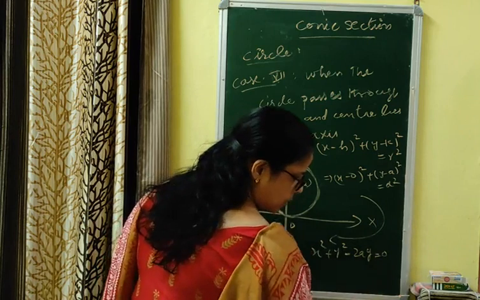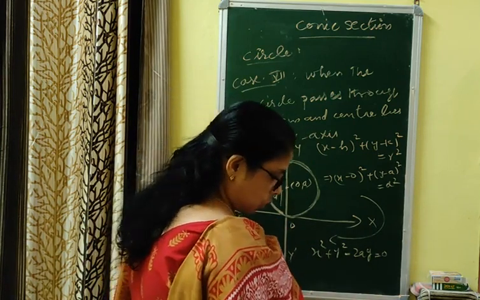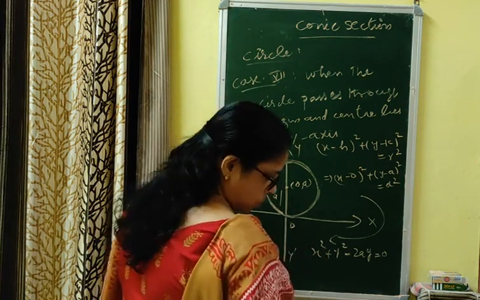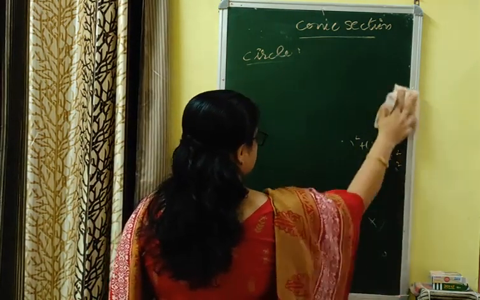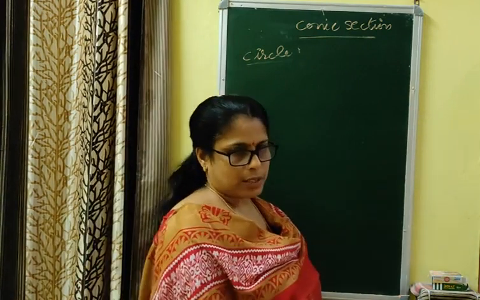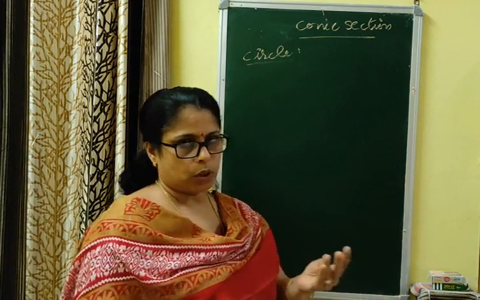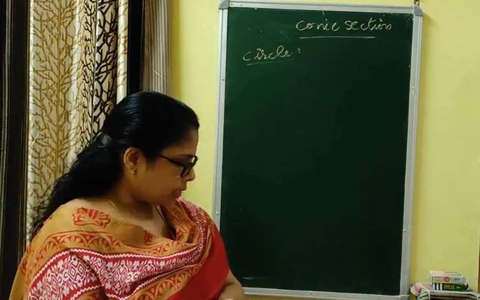In the previous case there was no term containing y. Here in this case there is no term containing x. These are the 7 possible cases in which we can form the equation of a circle: either passing through the origin, or center lying on the origin, or cutting both the axes, or touching the x-axis, touching the y-axis, etc.